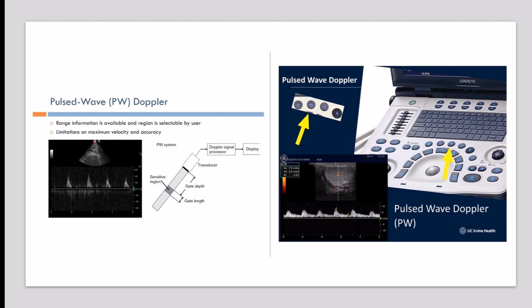These crystals rapidly alternate between these functions. This is used to show us a range of information, and it is selectable by the user. The limitations in pulsed wave Doppler are on the maximum velocity and accuracy of recording the pulse waves.